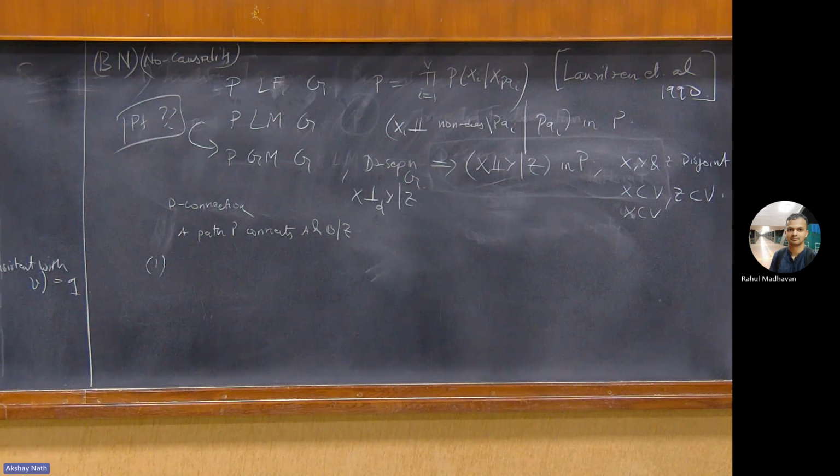Only for directed graphs are they equivalent, as long as you have a density function. So you cannot have a continuous function with some Dirac delta mass at one particular point. Then these things will go for a toss. That is the only thing. But otherwise, as long as you have continuous densities with respect to a base measure, you are totally fine.